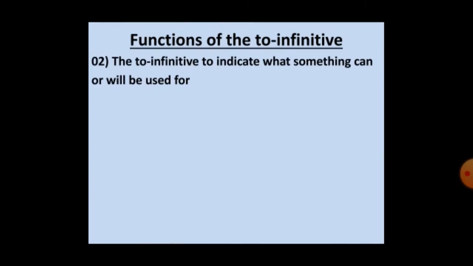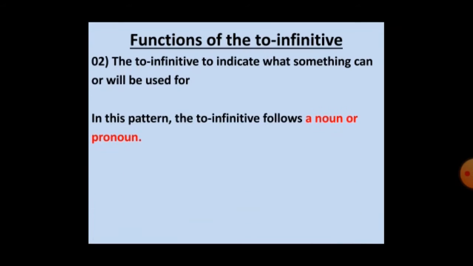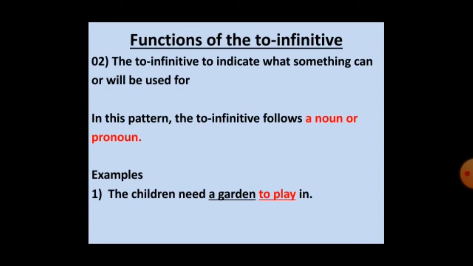So in the second function of infinitive, we can also use to infinitive after noun or pronoun. For example, the children need a garden to play in. So a garden is a noun, and in that garden someone wants to play, so that's why we can use to infinitive.